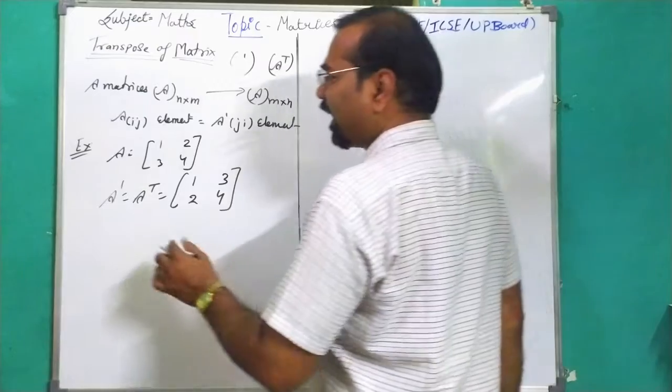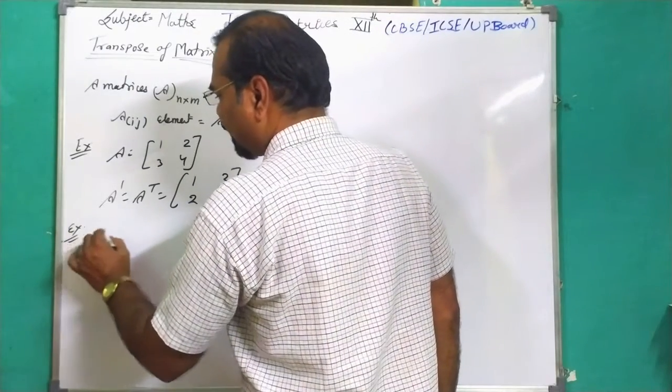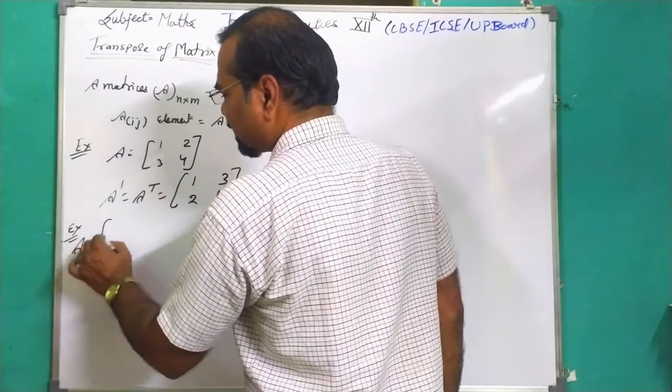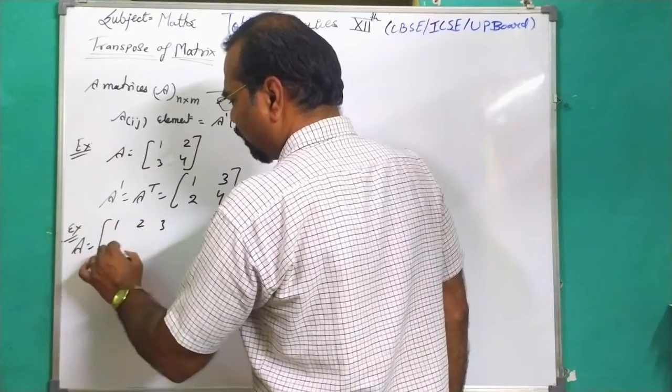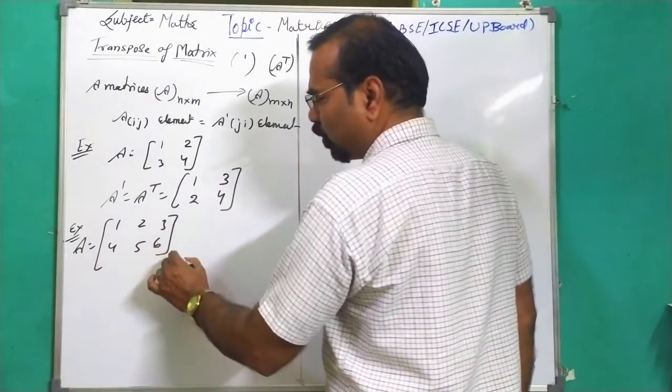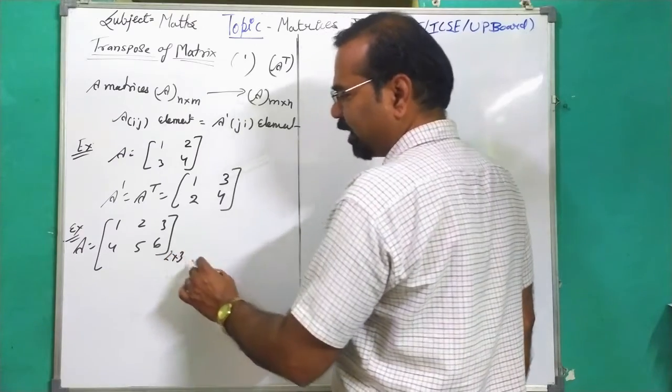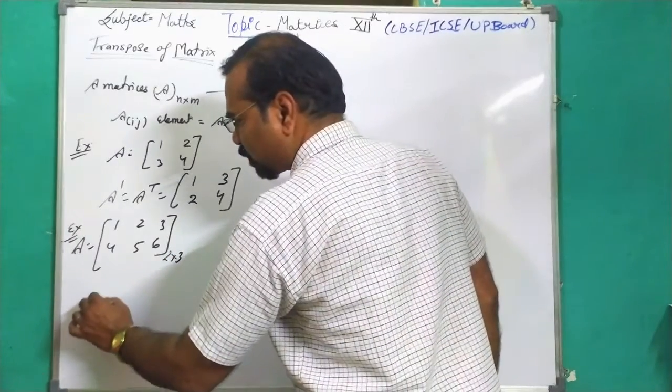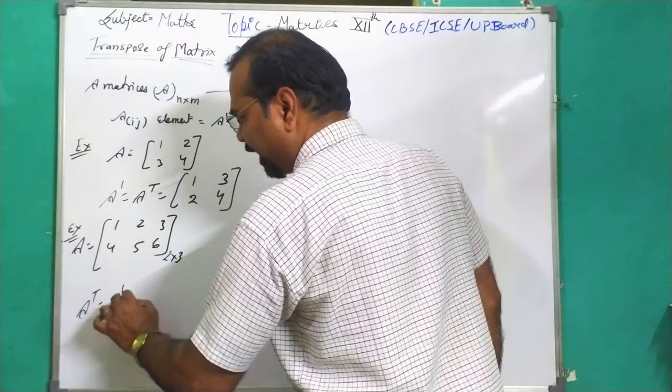Now we take another example. Matrix A is given as 1, 2, 3, 4, 5, 6. It has 2 rows and 3 columns. We have to find the transpose, A T or A dash.